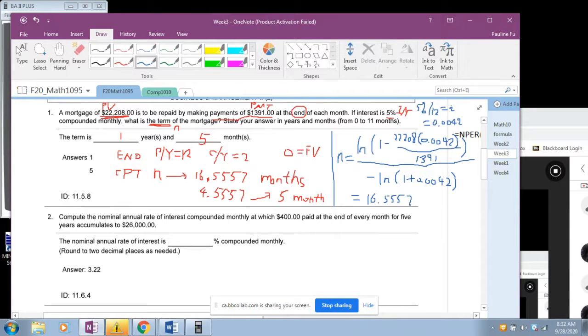Where's my line? So any questions? I will give you a few moments to verify this formula method.